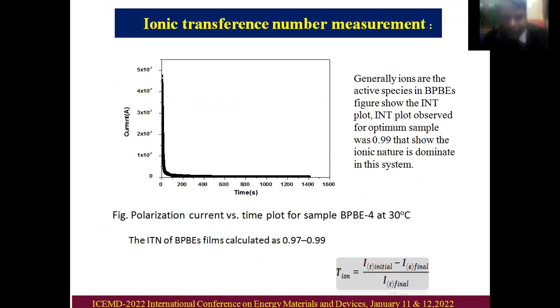Next, ionic transference number measurement. Generally, ions are the active species in the biopolymer based electrolyte. The figure shows the ionic transference number plot. The optimum sample was 0.99, which shows that ionic nature is dominant in this system.